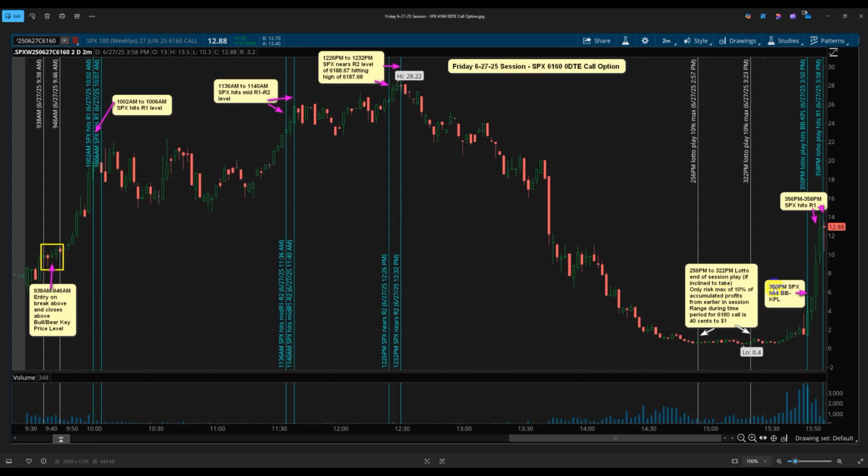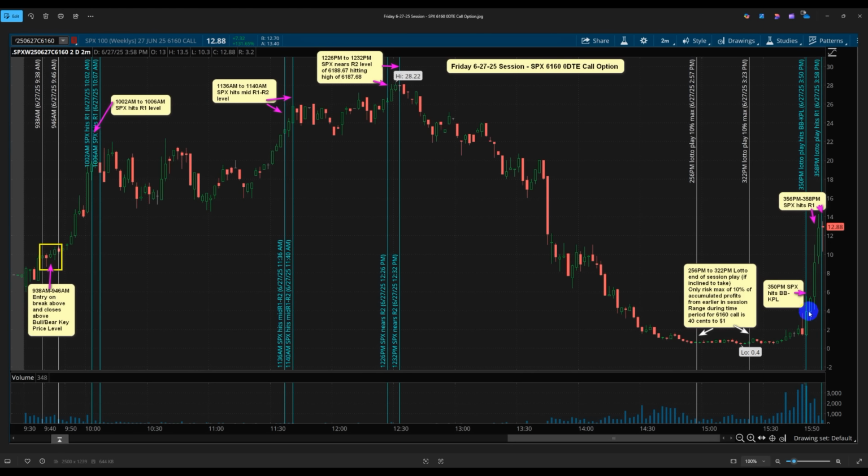As you can see here, 3:50 p.m., SPX hits the bull bear key price level. So on this candle here, we have $1.75 to almost $6. Then if you held on through the end of the session, 3:56 to 3:58 p.m., we had an explosive move up to R1 during the final few candles.